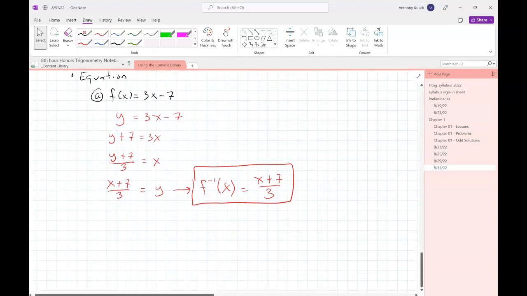Is there a way for me to check this to make sure I've done this correctly? What do I have to do? I do the composition both ways.